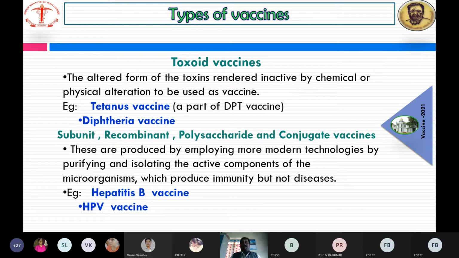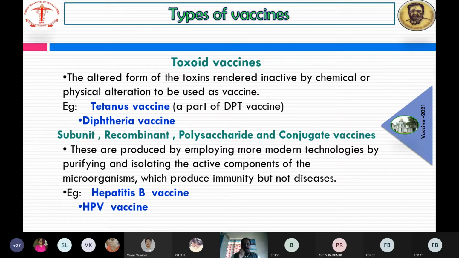These types of vaccines are produced by employing more modern technologies for purifying and isolating the active components. Active components means those that can produce neutralizing antibody. It is highly immunogenic and also non-toxic.